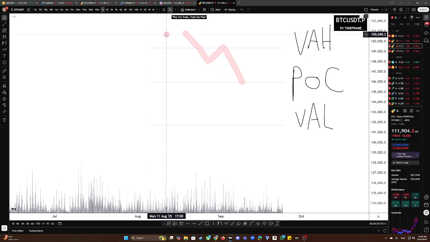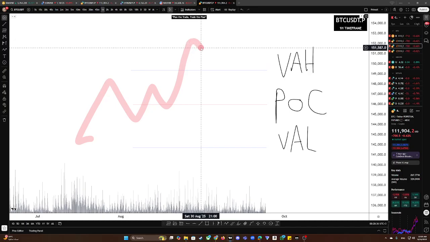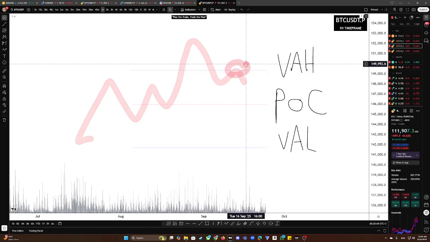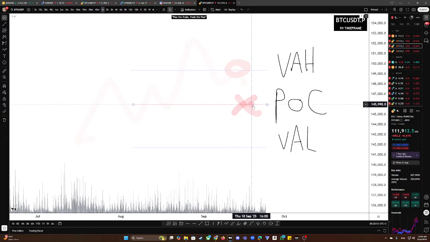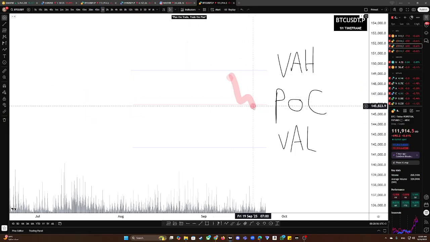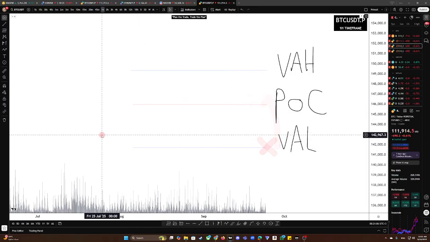So if we are in a range, price deviates the value area high, and then we start losing the value area high again and retest it because it is now supply or resistance, then this is an indication that price is likely going to hit the POC. And same goes for the POC. If price comes here and then we lose the POC and price retests the POC and fails to reclaim it back above, then it is likely that we are visiting the value area low again. It is like a step.